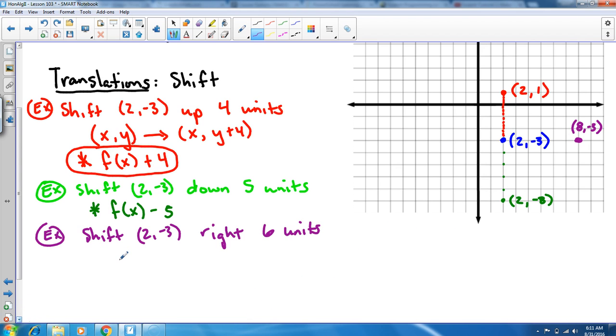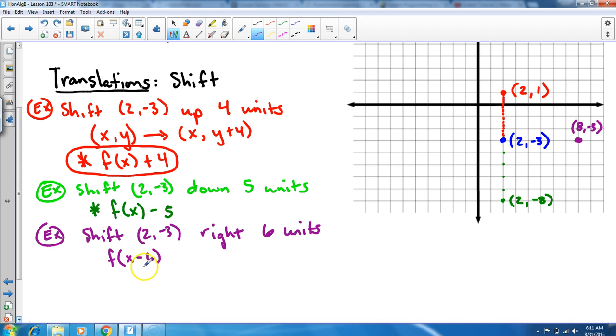So in order to do this, this one's actually a little bit funky. Notice again, we want to change the x coordinate, and that's easy enough to understand. But in order to do this, we actually have to take the x and do the opposite of what we think. So in this case, we have to add 6 to the x, but in our notation, we actually have to subtract 6.